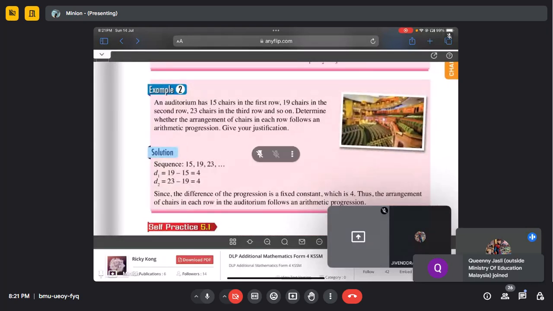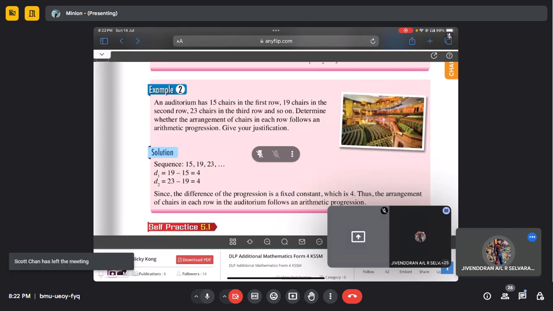An auditorium has 15 chairs in the first row, 19 chairs in the second row, 23 chairs in the third row, and so on. Determine whether the arrangement of chairs in each row follows an arithmetic progression. Give a justification. They have given us the sequence 15, 19, 23, and so on. So the first term is 15, the second term is 19, and the third term is 23.